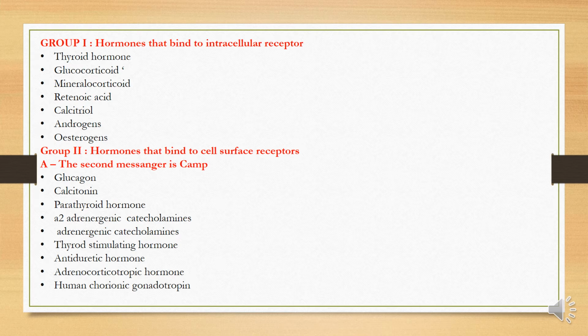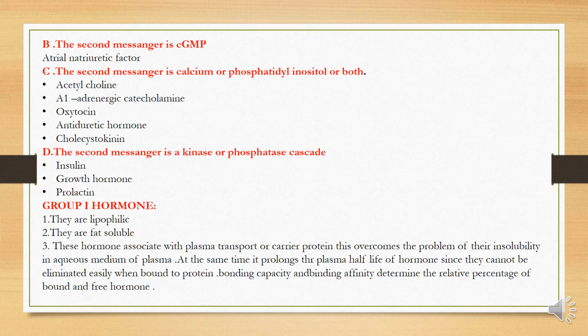Also antidiuretic hormone, adrenocorticotropic hormone, human chorionic gonadotropin. In category B, the second messenger is cGMP: atrial natriuretic factor.